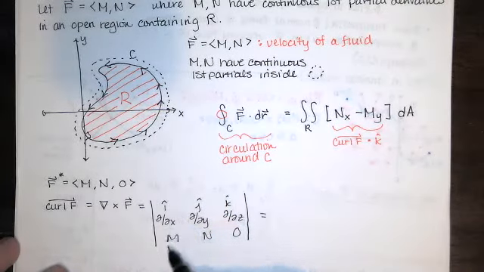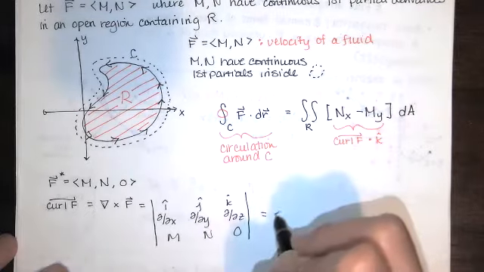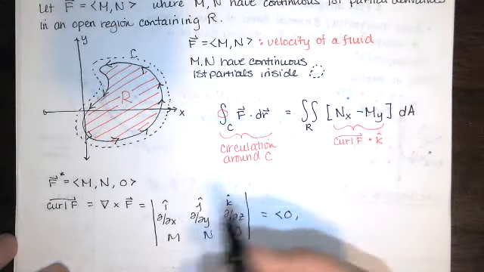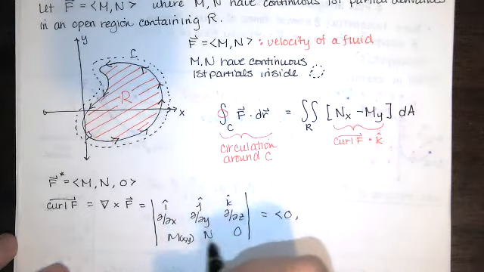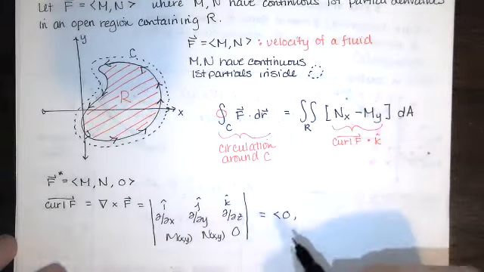First, we cross out the row and column containing i hat, and we get the partial of 0 with respect to y, which is 0, minus the partial of N with respect to z. But remember, M and N only depend on x and y, so this is going to be 0 minus 0, so we just get 0.